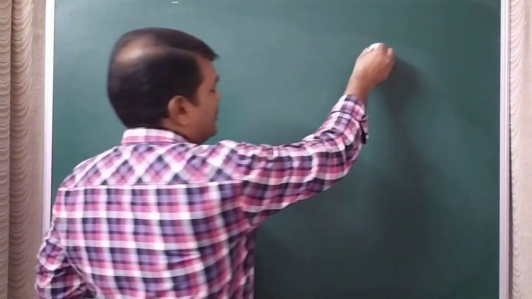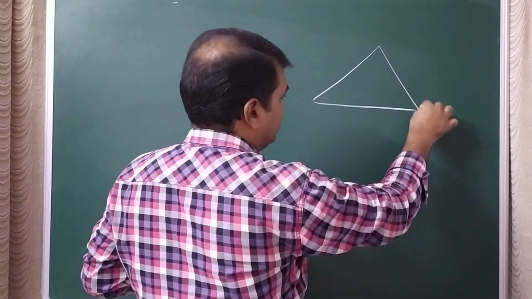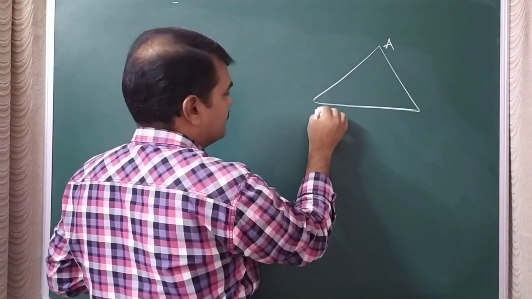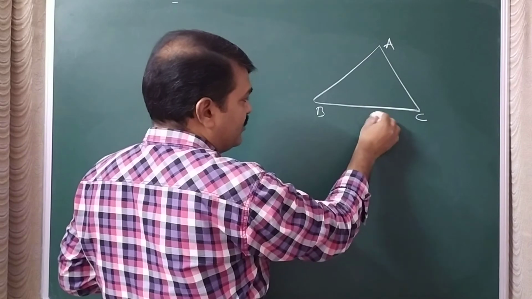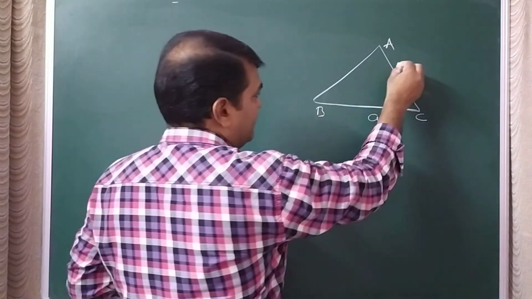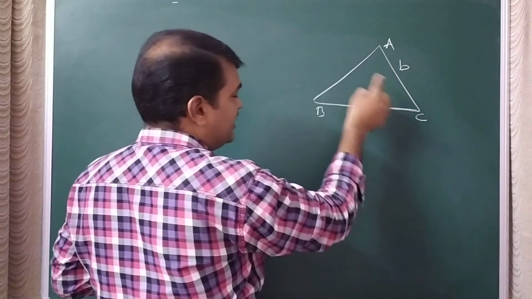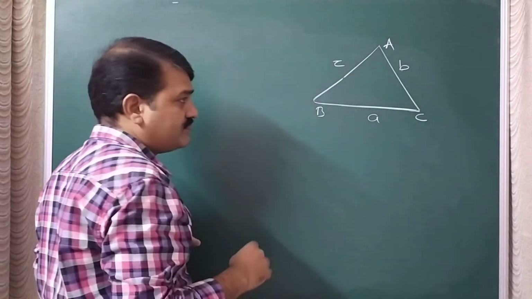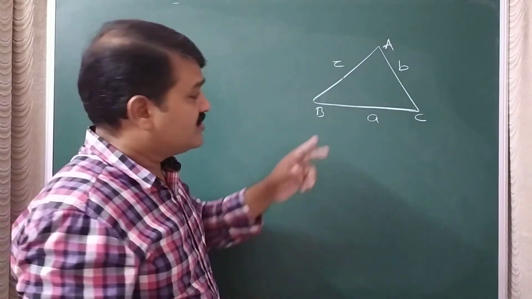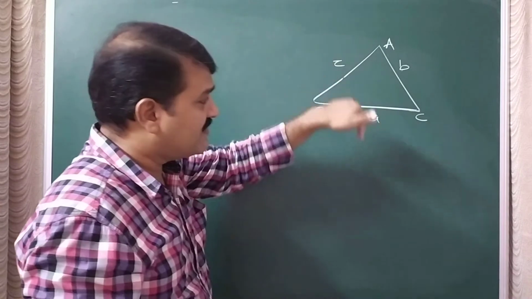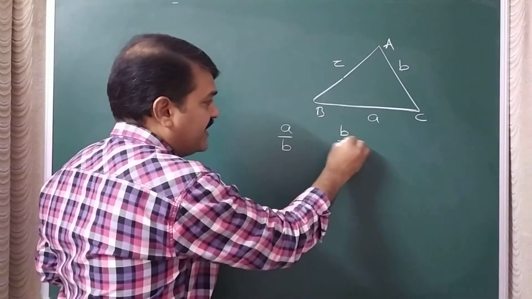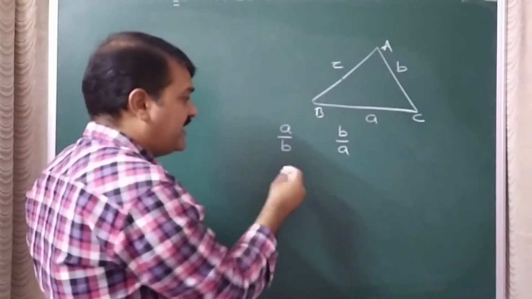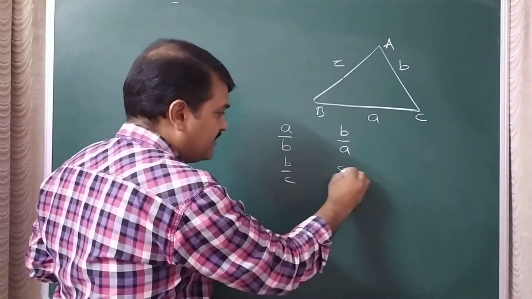That's all. So if you take a triangle, for example, like this. Let us take opposite to angle A, you take small a, opposite to angle B, you take small b, opposite to C, you take small c. You have 3 sides. So what are the possible ratios of the sides? You can take a by b ratio, b by a ratio. You can take b by c, c by b.